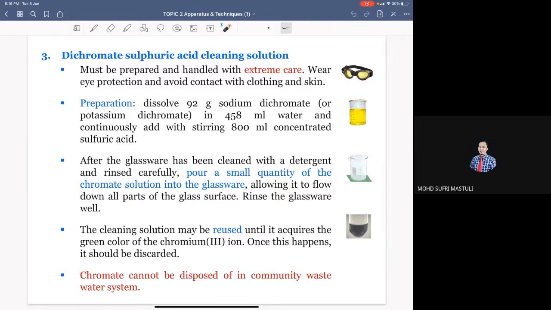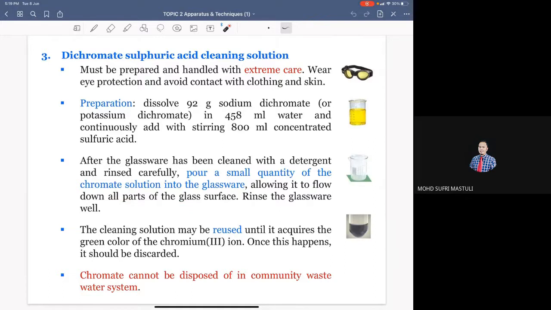After the glassware has been cleaned with the detergent, rinse carefully. We use only a small quantity of the chromate solution in the glassware, allowing it to flow down all parts of the glassware surface.